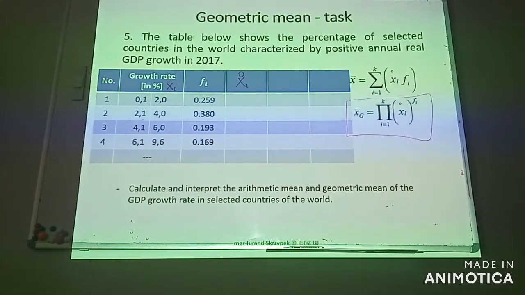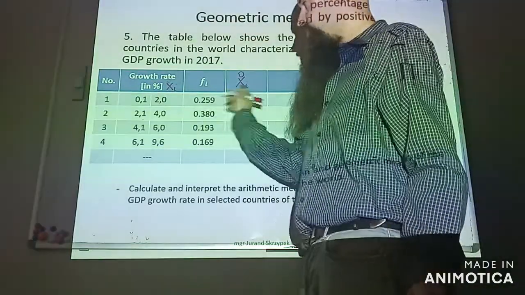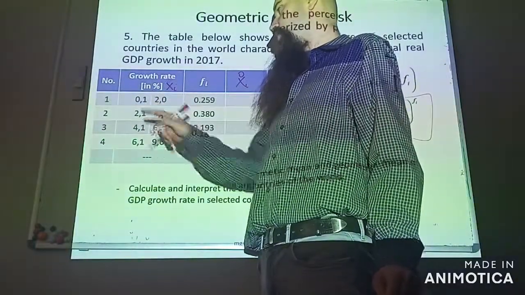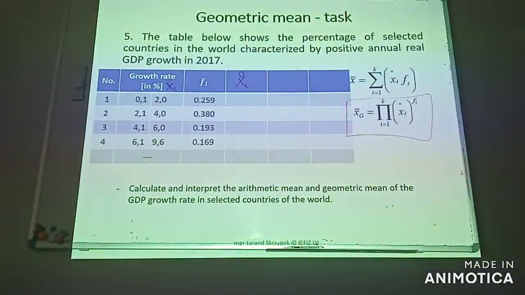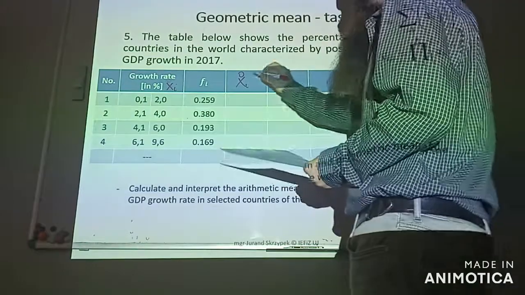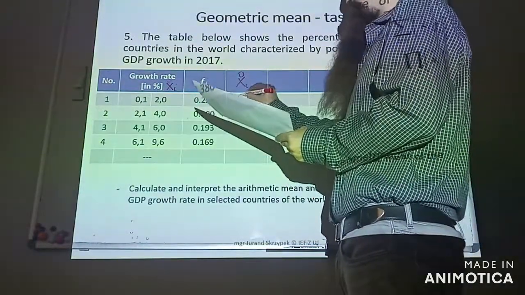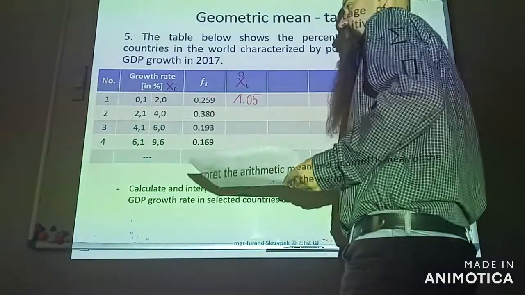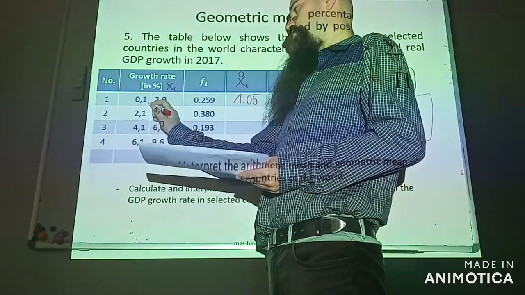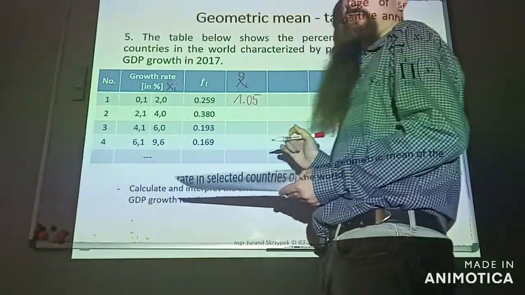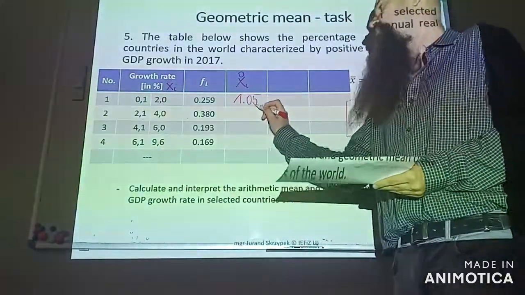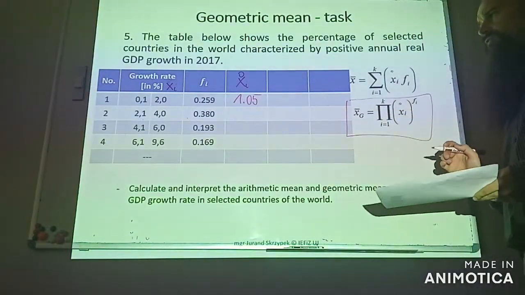This is the value that is placed exactly in the middle between the upper and lower bound of each class. So the first middle of the class is 1.05, because it is 2.0 plus 0.1, which yields 2.1, divided by 2 gives us 1.05.